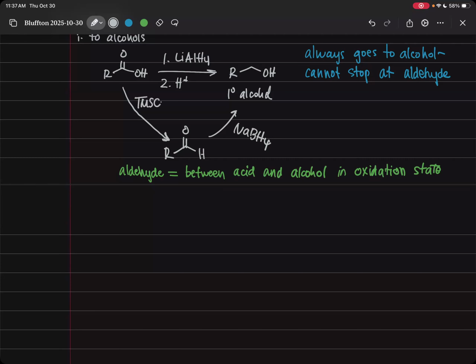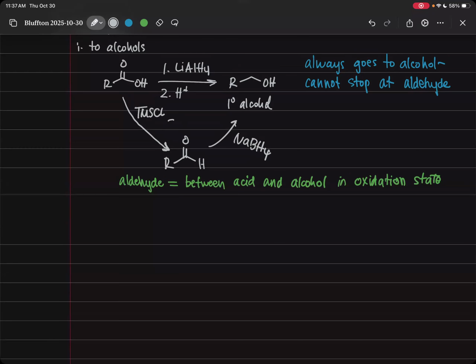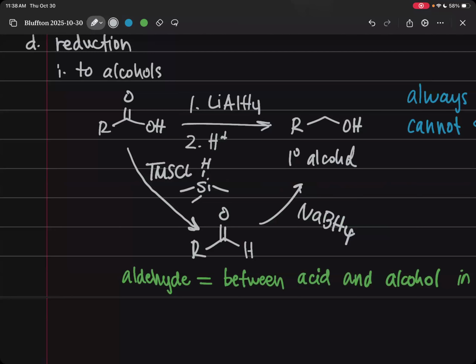We need TMS chloride, trimethylsilyl chloride, which is a silicon atom with 3 methyl groups and a chlorine. And then the other reagent we need is called DIBAL-H. It's a bit interesting, but it's an acronym.